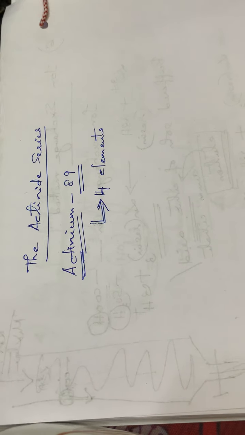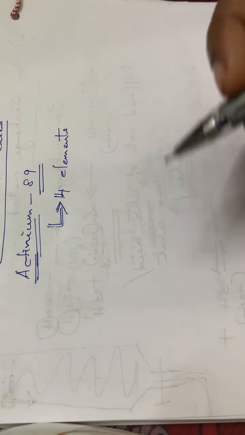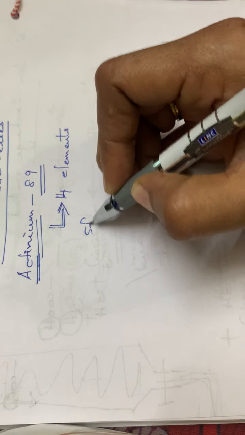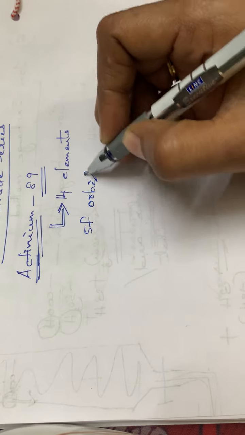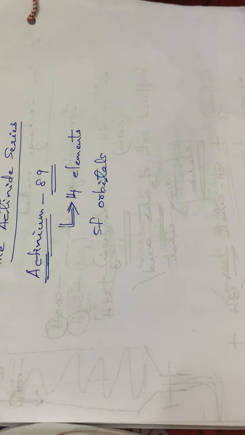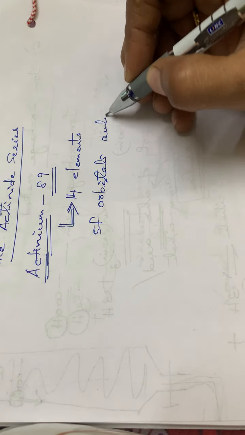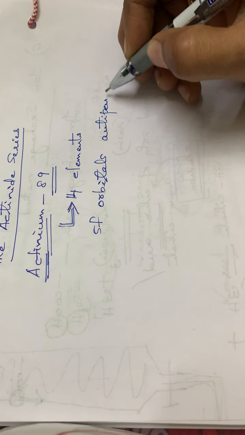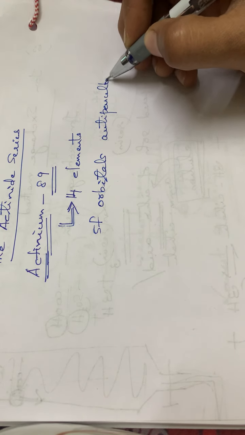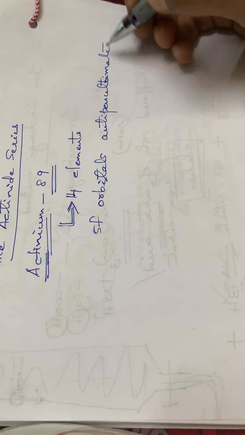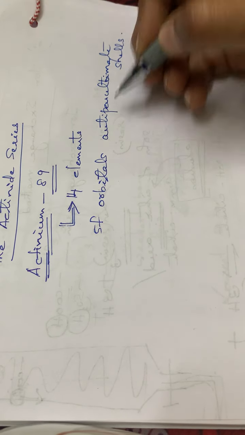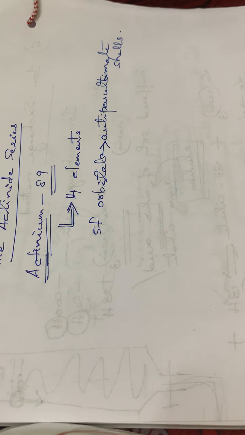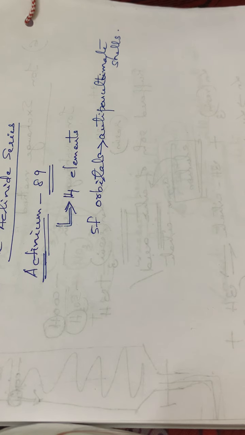In the actinide series, the electrons are filling the 5f orbitals of the antepenultimate shell, just like the lanthanides. Since the 5f electrons enter the antepenultimate shell, they are called F block elements.